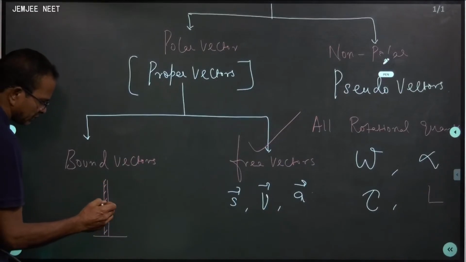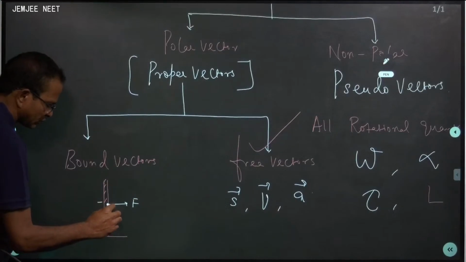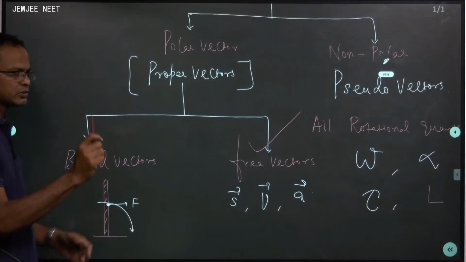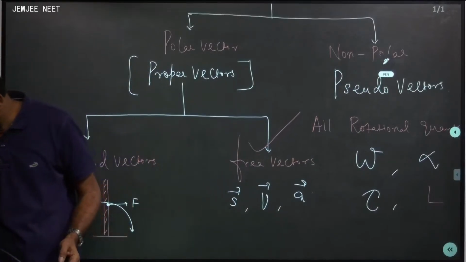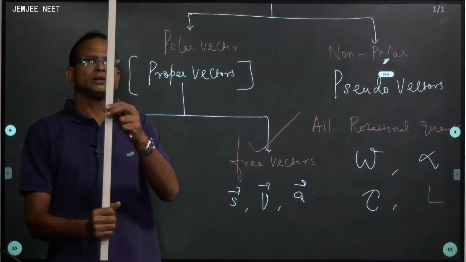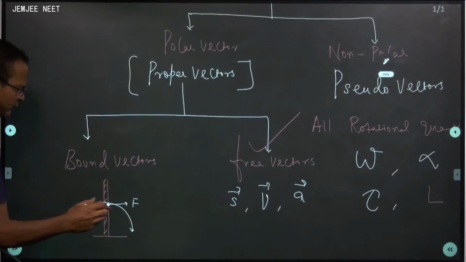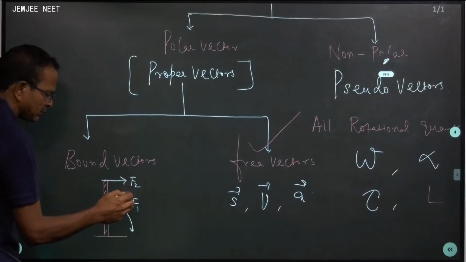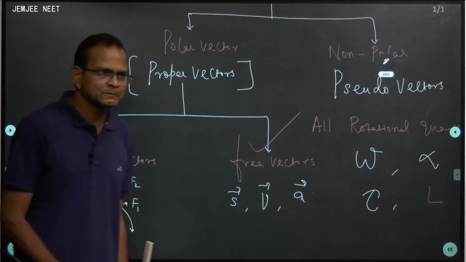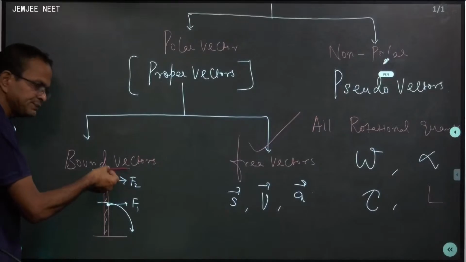You tie a rope here and apply force F. You want to see the torque on this pole. The pole is now rotating because you pull it here. Now, if you apply force here, F1, and force here, F2, will the pole behave alike or differently? Different, even though the forces are parallel to each other.